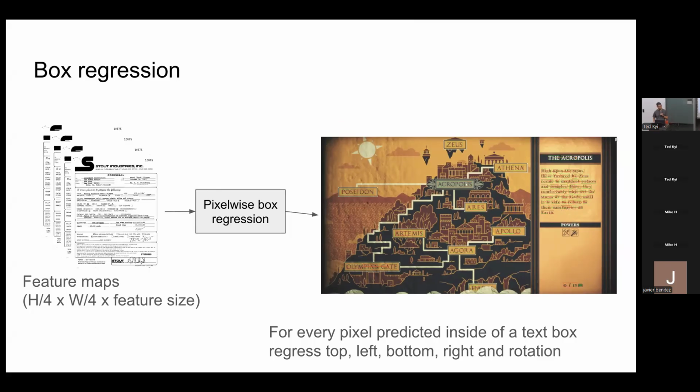Like every pixel you have the 4 points for the bounding box it's within. So do you do two separate heads, or do you feed the heat map into the second one? I don't know if that question makes sense. Yeah, they're two separate heads. They could be totally merged, but they're functionally two separate heads.